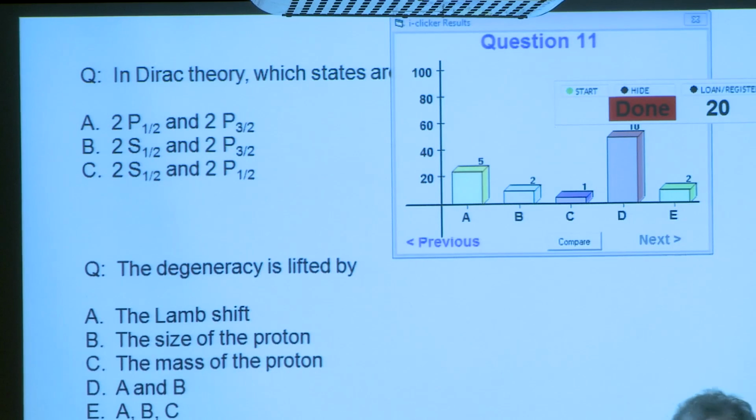The Lamb shift, well, the Lamb shift is famous and was discovered because it splits the degeneracy between the two. QED corrections have different effects on S1/2 and P1/2. The size of the proton does also shift it, because the volume effect is more important for S states than for P states. Maybe the question is, does the mass of the proton lift the degeneracy?